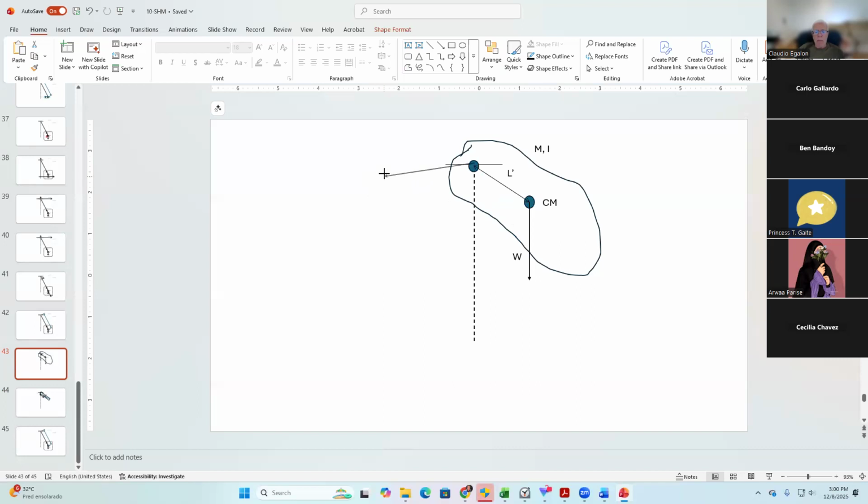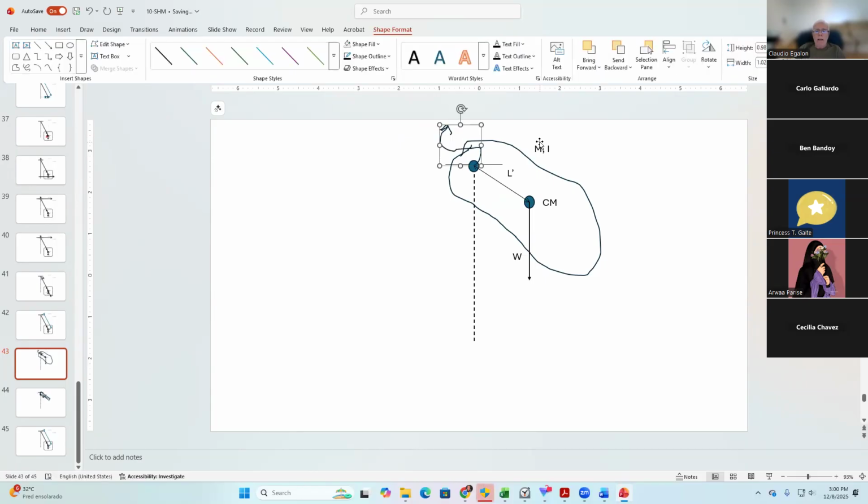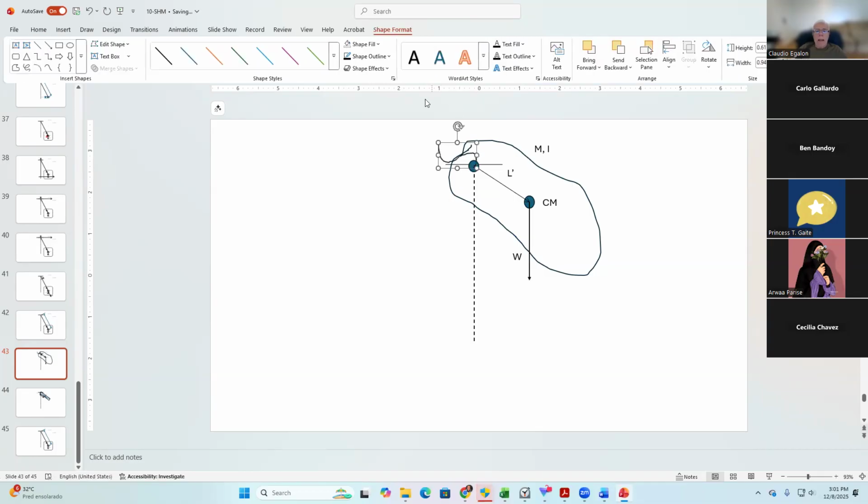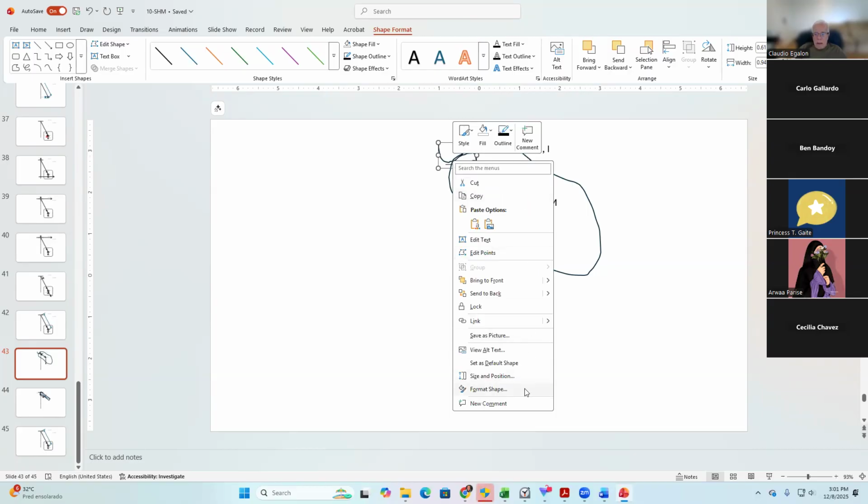I'm going to put a generic force, like that. No, I don't like that. Let's try a different one. And I want to put an arrow on this now.